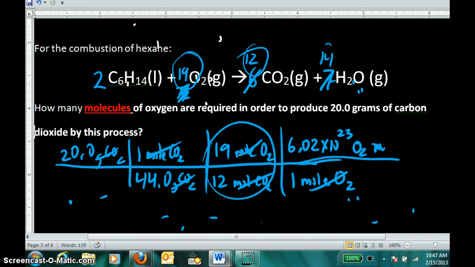And I've converted from a mass of a product to a number of molecules of a reactant. And the final answer is 4.33 times 10 to the 23rd molecules of oxygen required. So you want to get yourself 20 grams of CO2, you're going to need that many molecules.